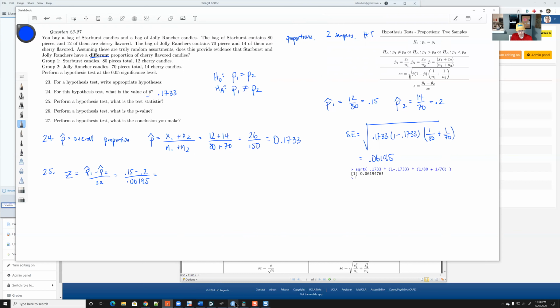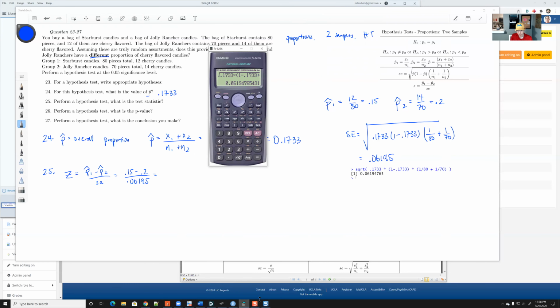So this is basically negative 0.05 divided by the answer I had earlier. And I get negative 0.807, about negative 0.81.